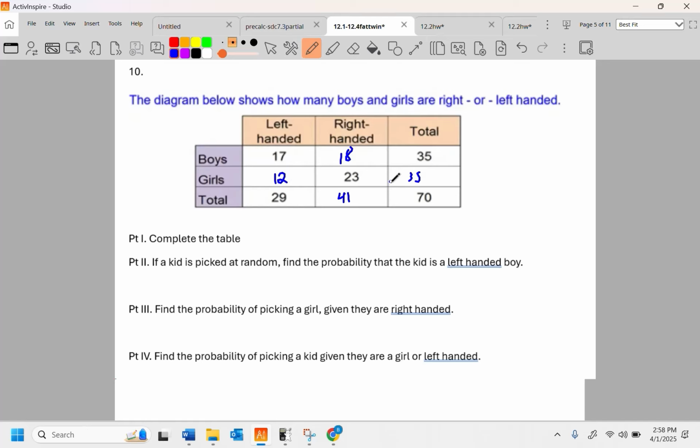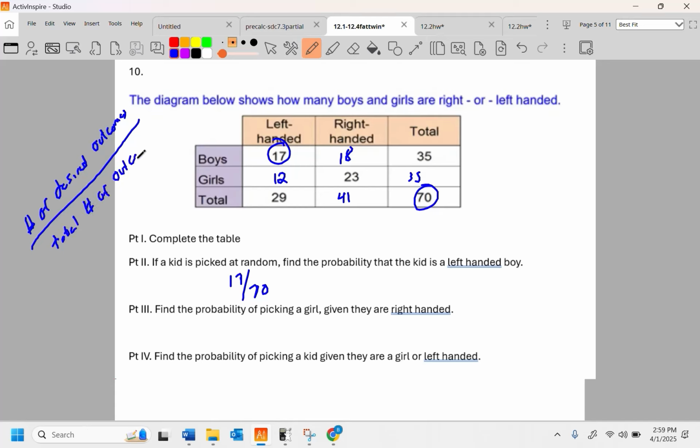If a kid is picked at random, find the probability that the kid is a left-handed boy. There's 17 left-handed boys out of 70. Some of y'all just throw the number you see and you don't even think about the divisor. Remember, probability is the number of desired outcomes over the total number of outcomes.